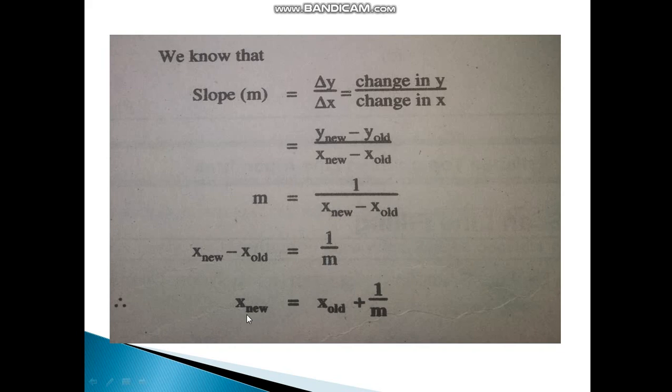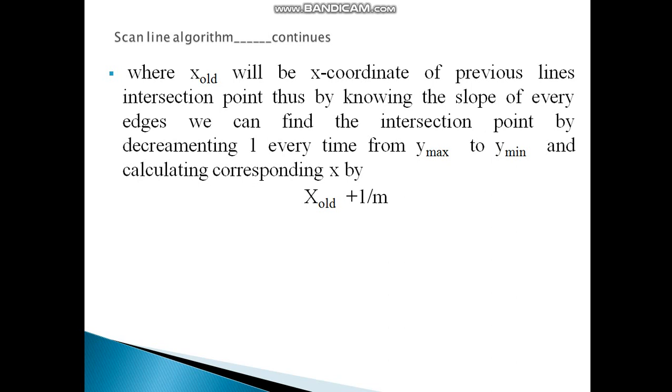Okay, x new value is equal to x old, where x old moves to the right-hand side and the sign is changed, that is x old plus 1 upon M, where M we know from the attribute table. Here x old is the x coordinate of the previous line's intersection point.